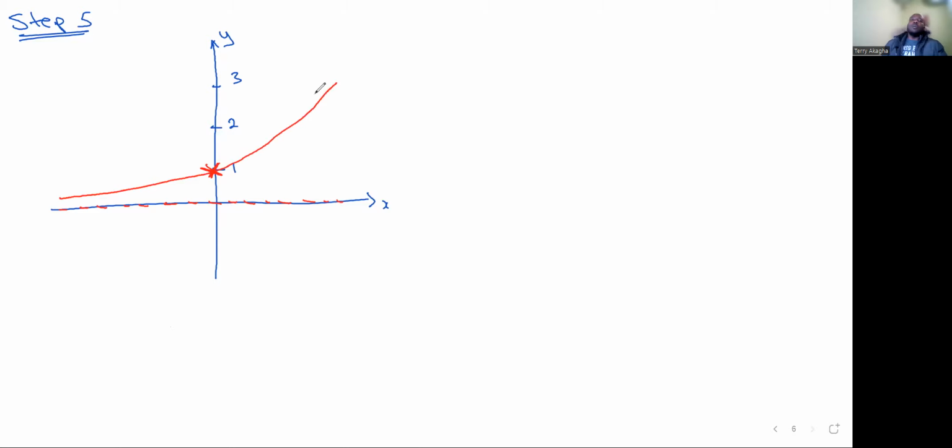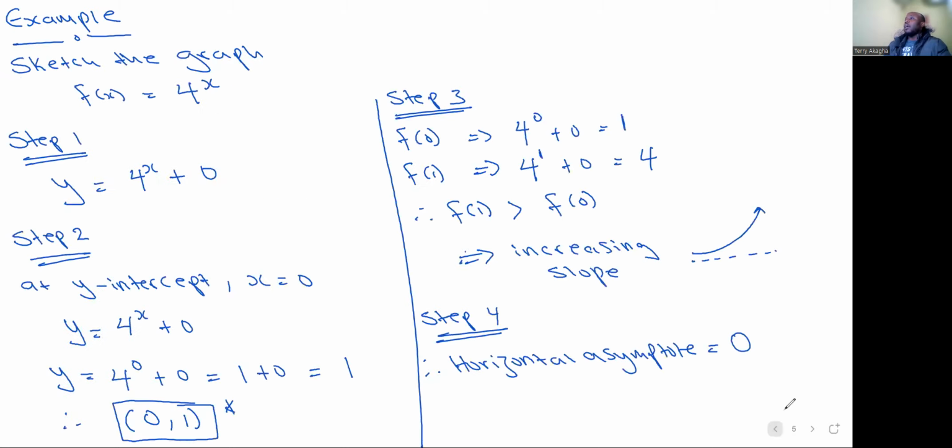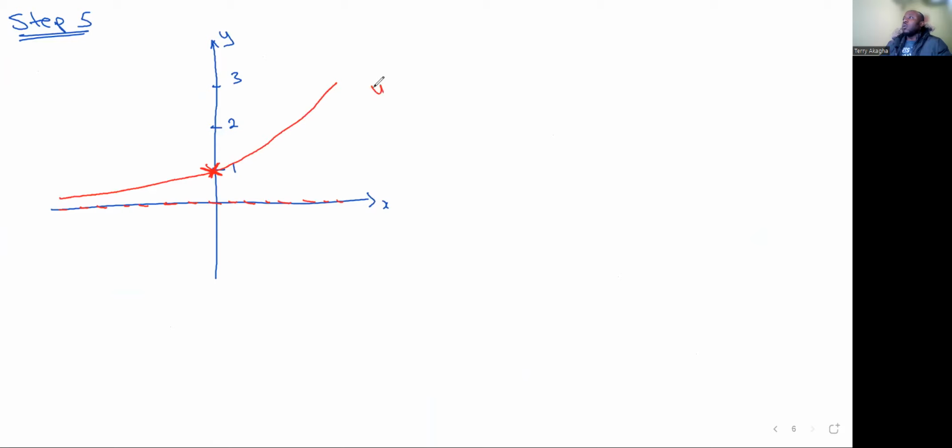So this is the graph for the equation y is equal to 4 raised to the power x. And that is that, okay?